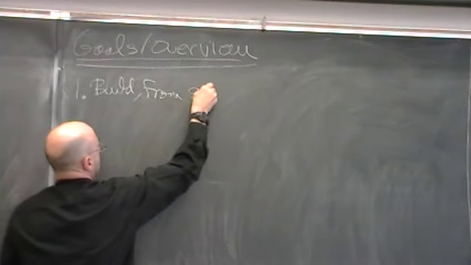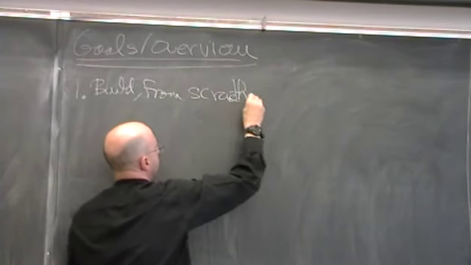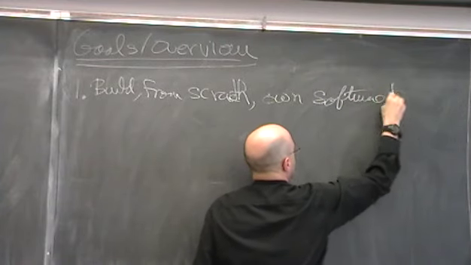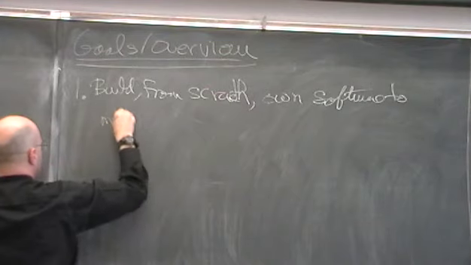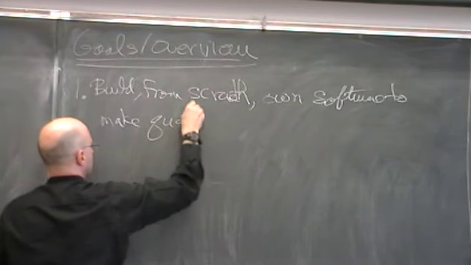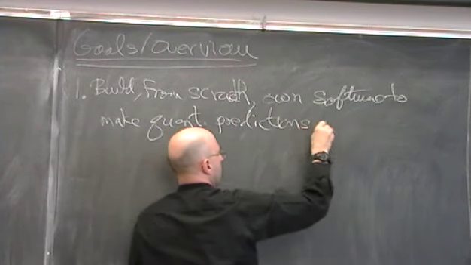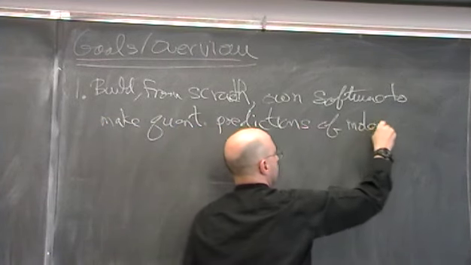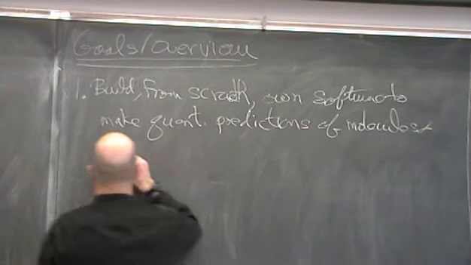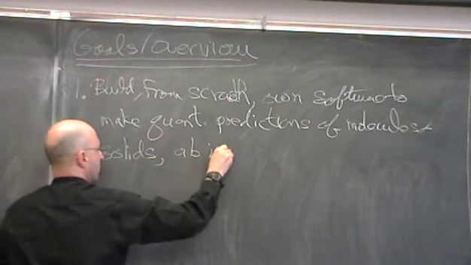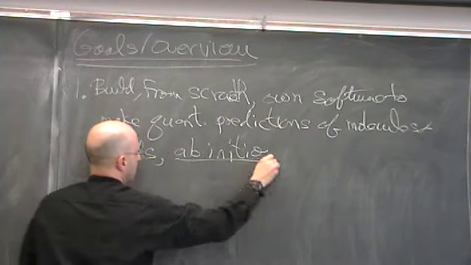And what that's going to allow us to do, as I've been saying, is you're going to build from scratch, right from the beginning, your own software to make quantitative predictions of the properties of molecules and solids. Completely from first principles, in other words, ab initio. That's going to be the goal.